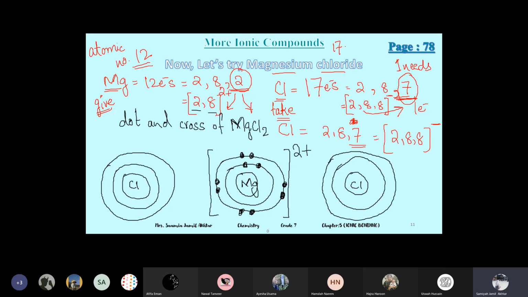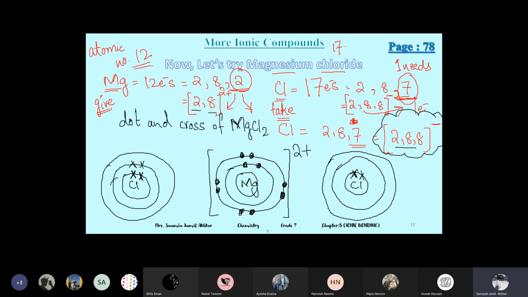Now I'm indicating the electrons of chlorine with a cross. First shell, 2 electrons in both of the chlorine atoms. Second shell contains 8. This is the electronic configuration after the transfer, for both chlorine.